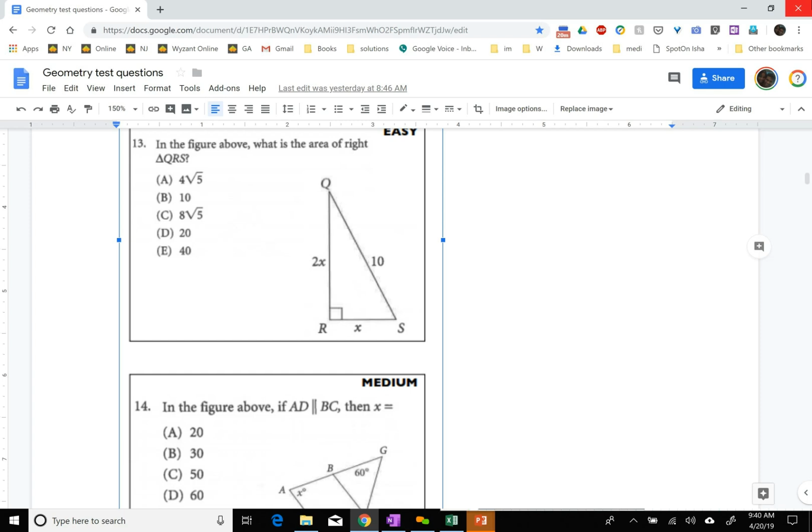Okay, so if I do the Pythagorean theorem, you do 2x squared plus x squared equals 100, right? Is that right? x squared plus 2x squared equals 100 because 10 squared.